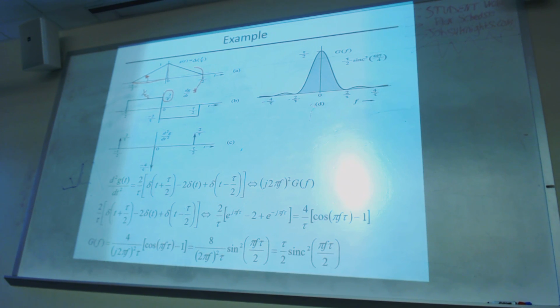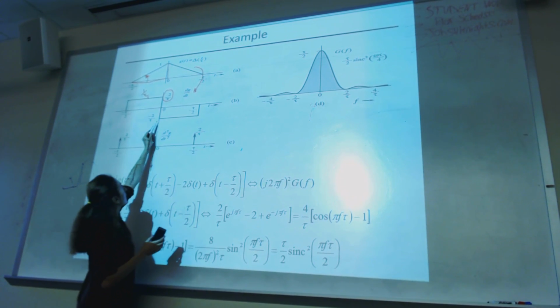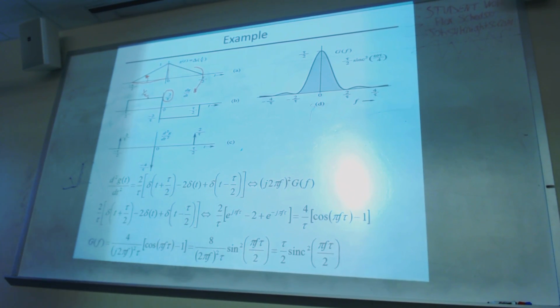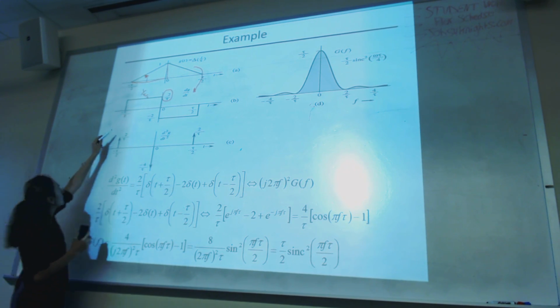Everybody follow me? I took a derivative of this. The derivative here is just the slope, which is constant, so you get a pulse here, and then the negative of that. Now take another derivative. What's the slope here? 0. How about here? Basically everywhere is 0 except the jumps, the discontinuities.